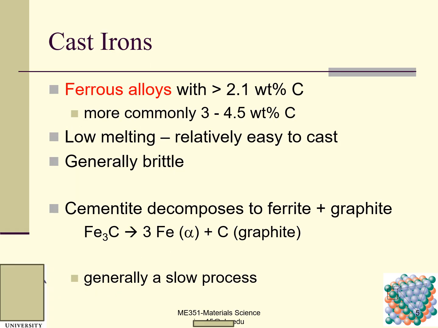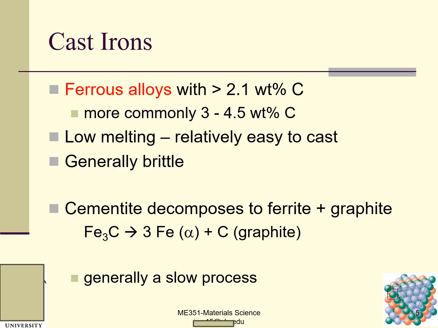And here is the cast iron. These are ferrous alloys where the carbon composition is greater than 2.1 weight percent. More commonly, it is 3 to 4.5 weight percent carbon, and we call these cast irons.